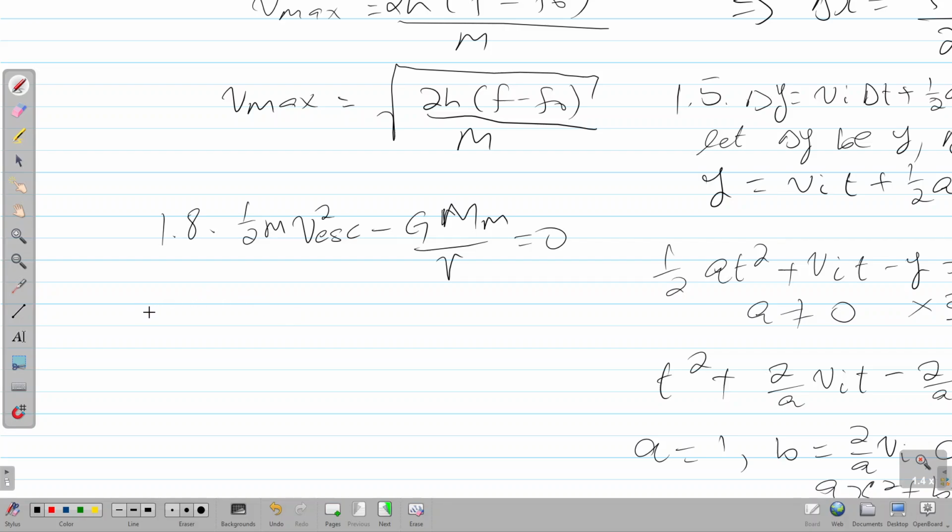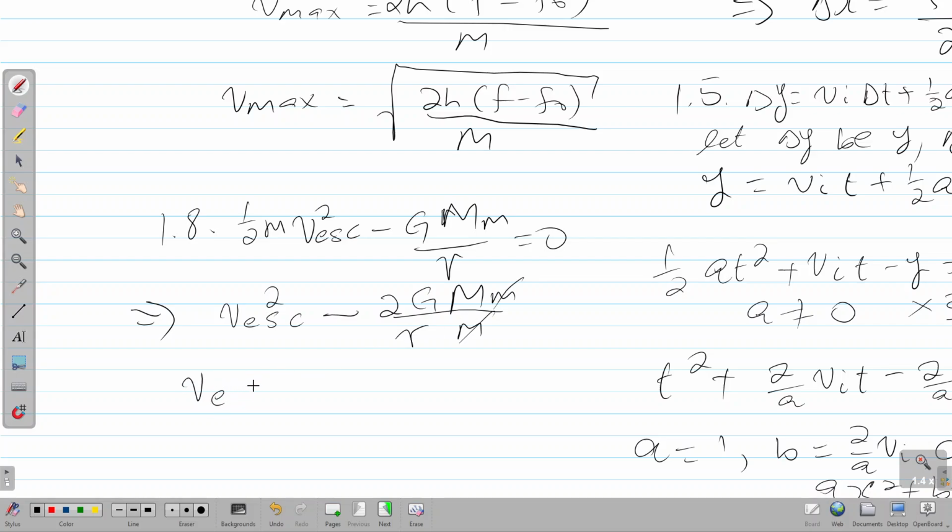Okay, so then immediately we can first divide by m, and then multiply by 2. So we'll have v escape squared minus, we multiplied it by 2 G big M over R, and then the small m cancels out.